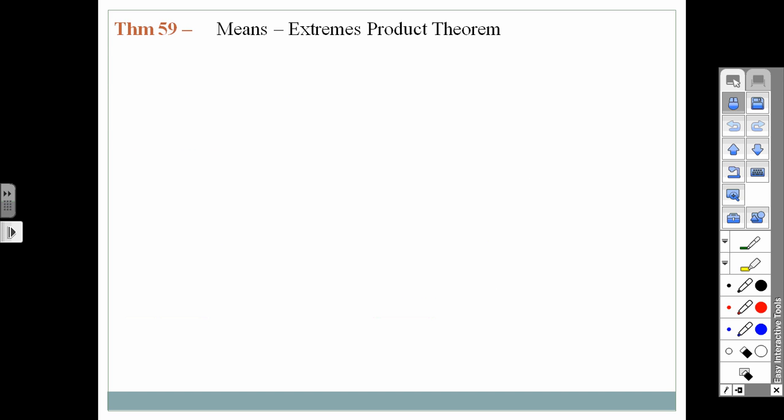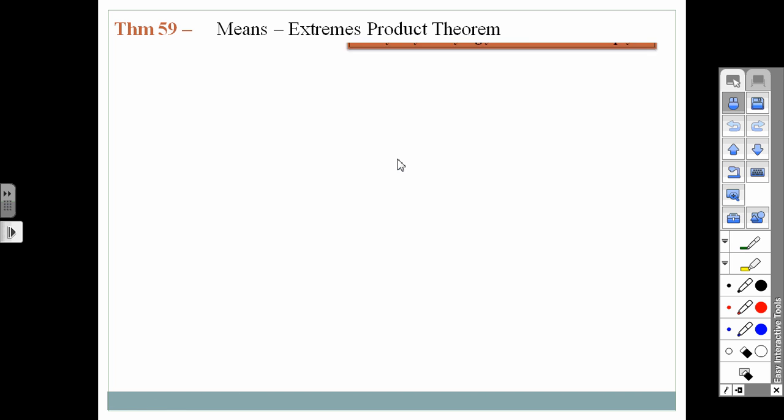Okay, so we get to the first of two theorems that we're going to talk about today. One of them, it's Theorem 59, talks about the means extremes product theorem. So if we go based off of the name of this theorem, you can kind of guess what you're going to be doing. You have the means and you have the extremes, and we know product means to multiply.